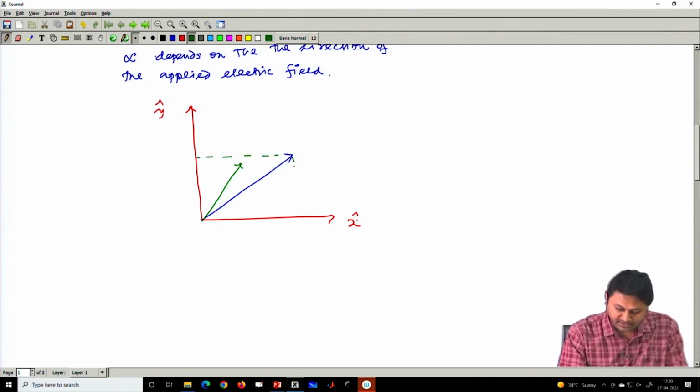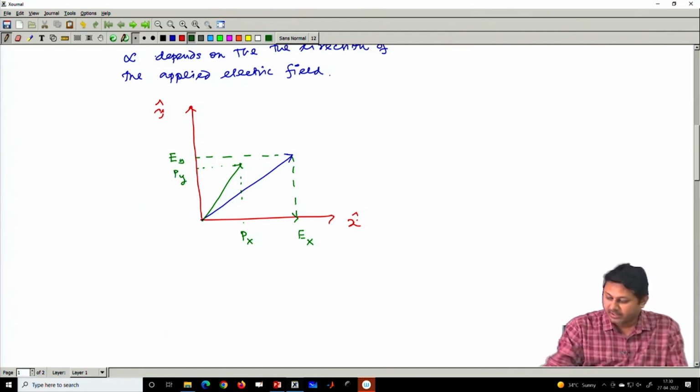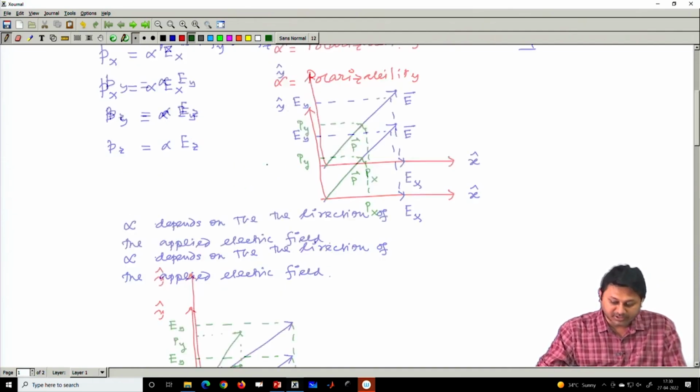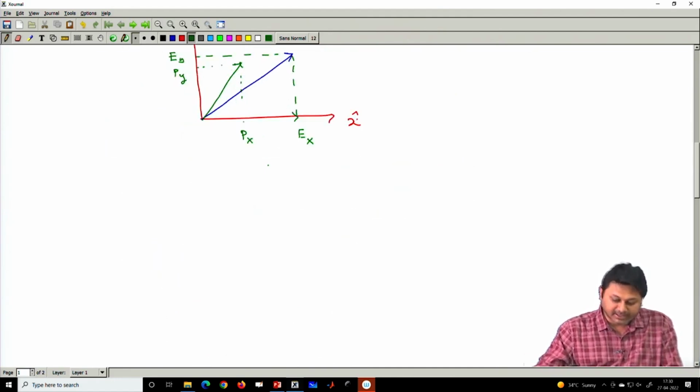So, the electric field has Ex along the x direction and Ey along the y direction. The polarization Px still depends on Ex and Py still depends on Ey, but unlike before, the ratio is not the same.